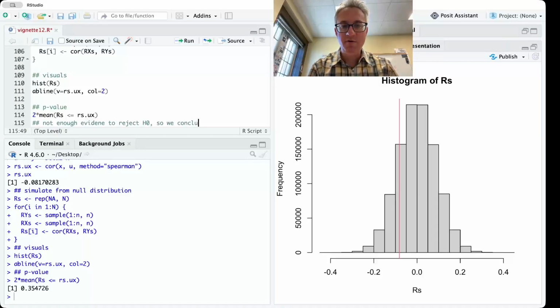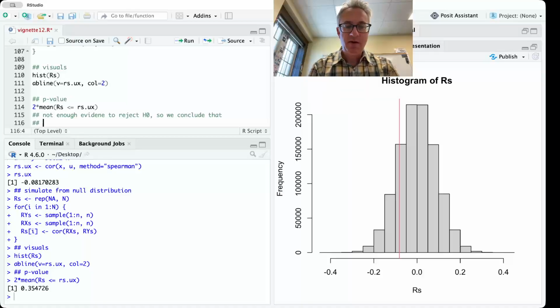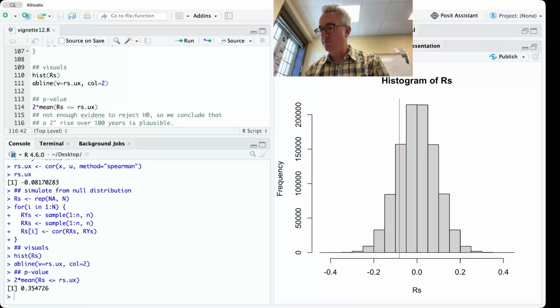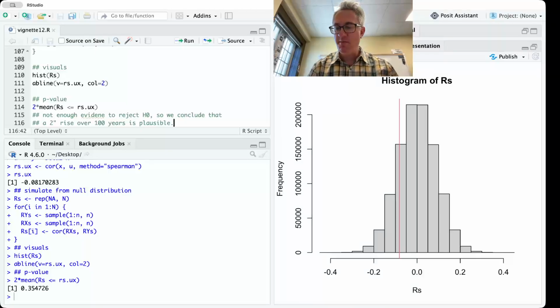So we conclude that a 2-inch rise over 100 years is plausible. So that is using Spearman's rho to calculate a test on a nonparametric regression slope.